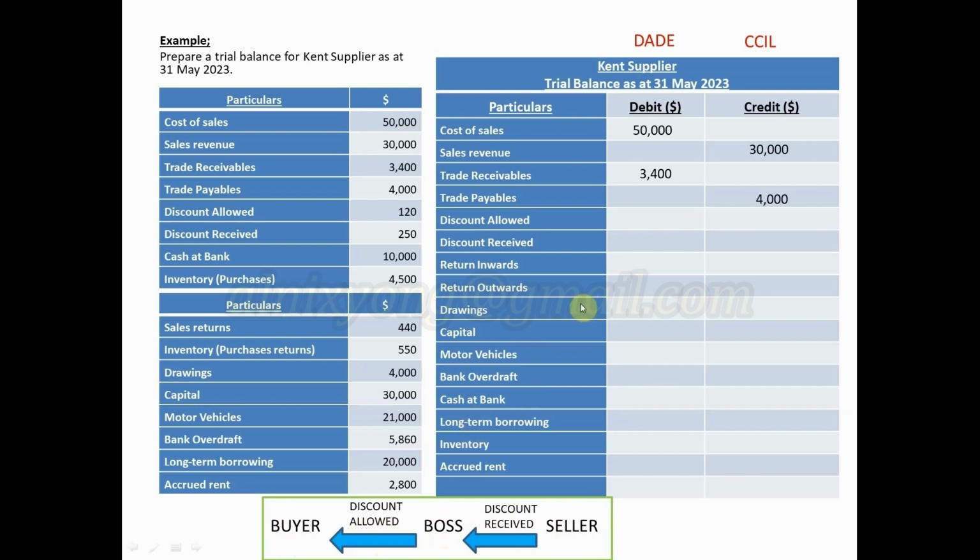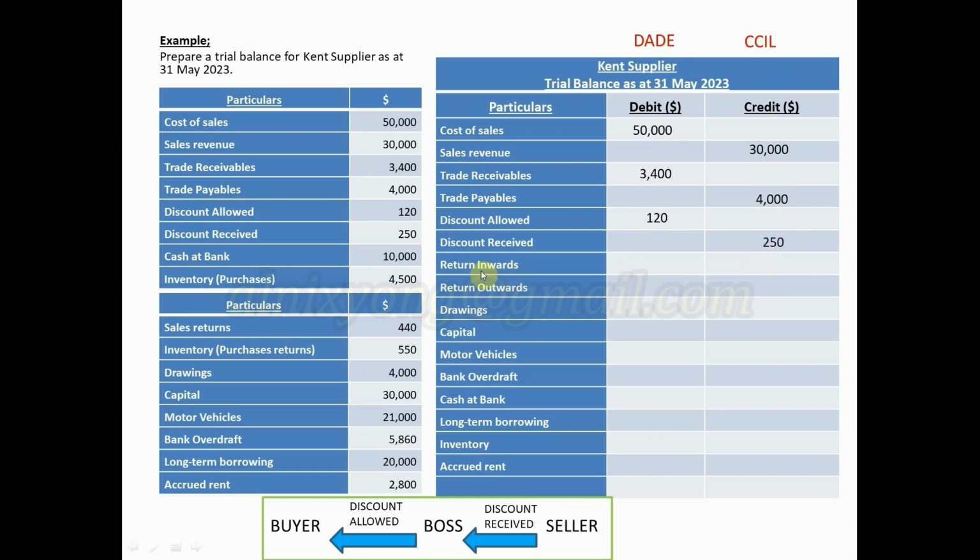So that is considered under expenses. That's why discount allowed is 120 under the debit side. Now discount received means you receive some discount from your supplier. That means you earn some extra money. That is considered income. That's why you must put it under the credit side.